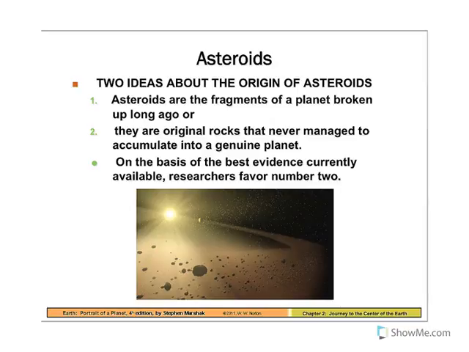Like I said, there are two ideas about the origins of asteroids. Most of the time, what we see is material that never agglutinated to actually form a planet. However, sometimes when, say, an asteroid hits a planet, or in some cases, not in our solar system, if two planets collide, you're going to get bits and pieces of that planet that are going to break off.